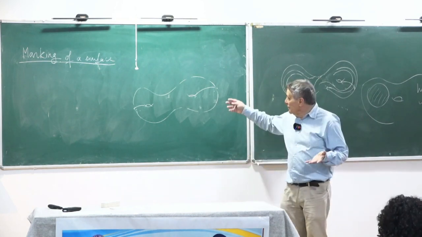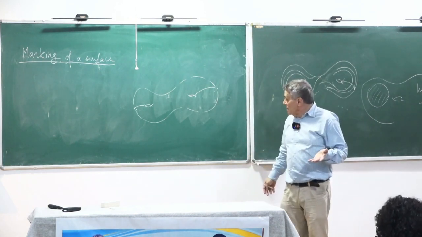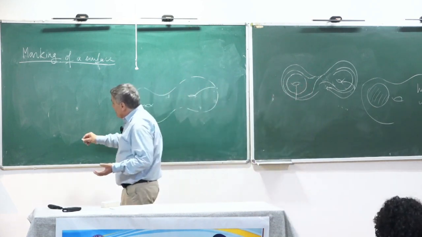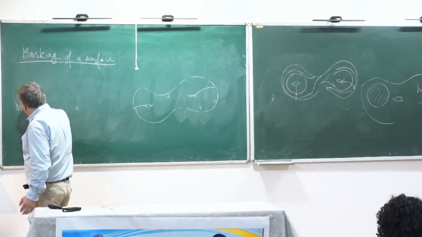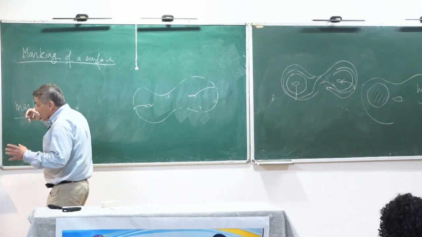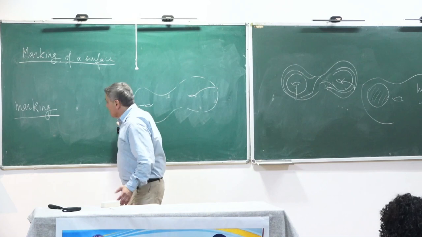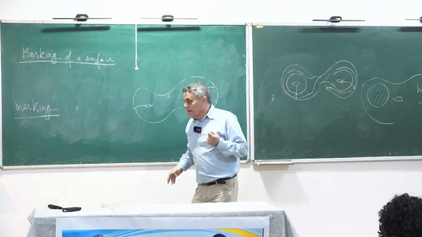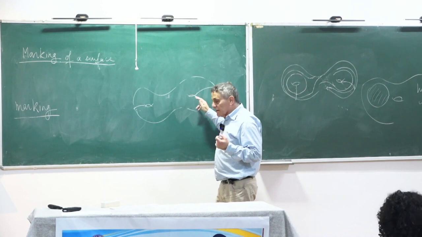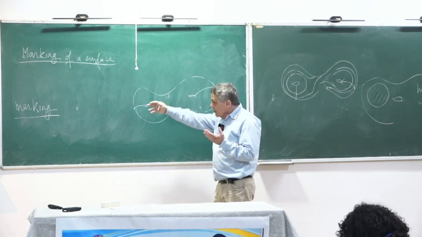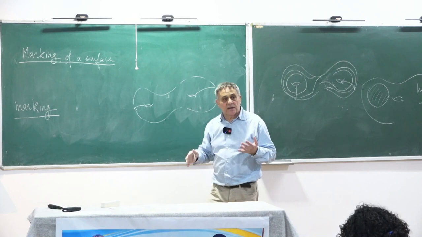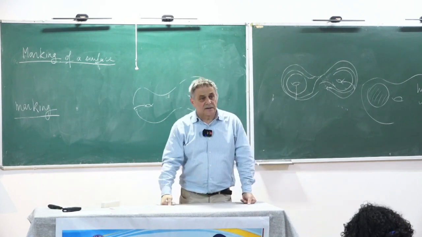But when I defined the surface, I didn't. So talking about a marking from a given fixed surface to this one here will allow me to say that this curve is different from this curve because they correspond to different homotopy classes in a fixed surface.